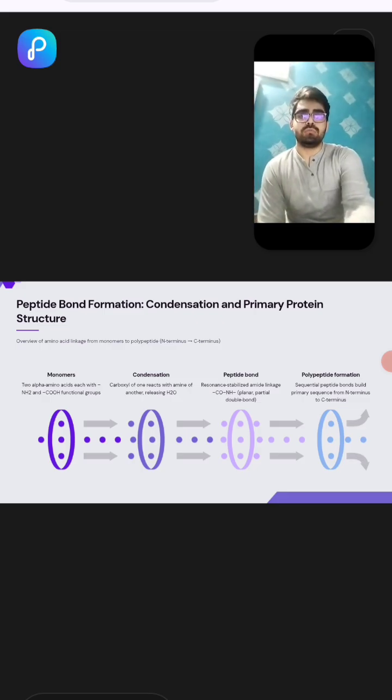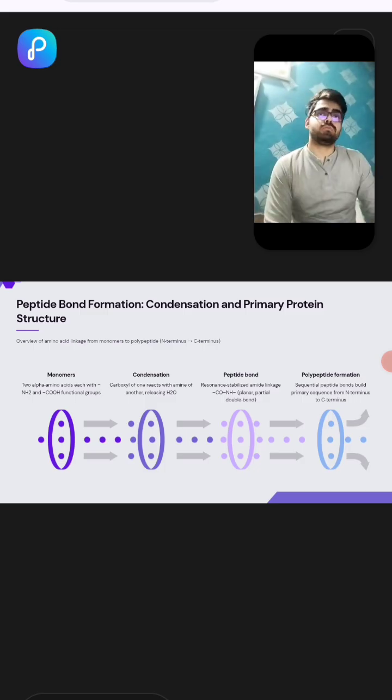When these monomers line up together, they are bonded by C and N terminus bonding, which is referred to as the peptide bond or the amino acid linkage. The carboxyl of one reacts with the amine of the other, releasing H2O. As you can see in the diagram, a resonance-stabilized amide linkage is formed.